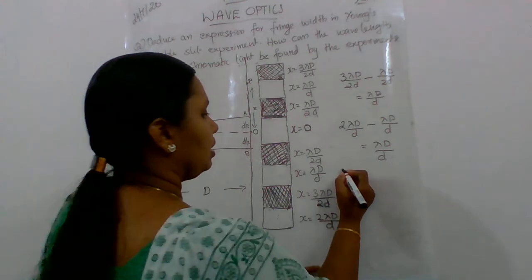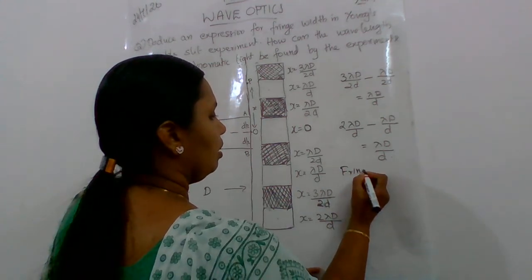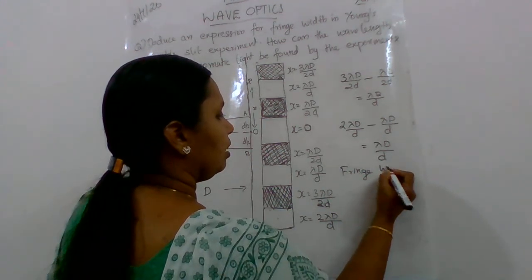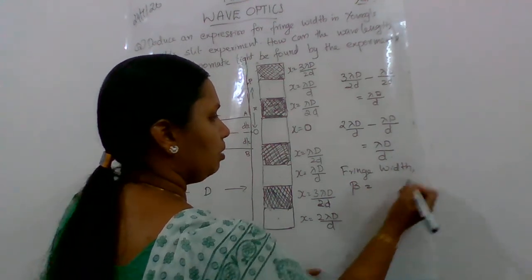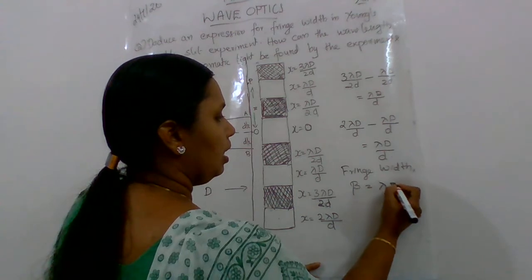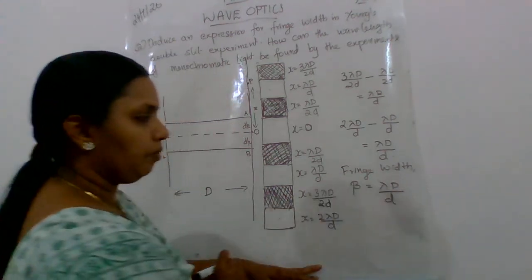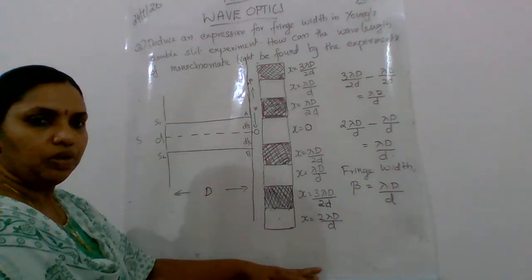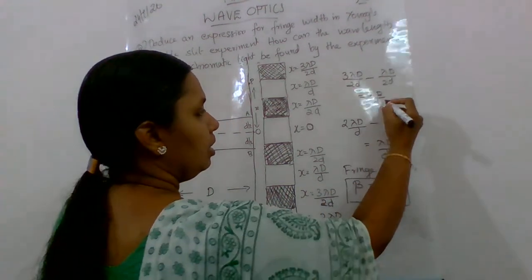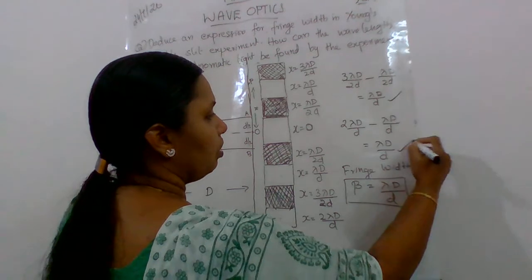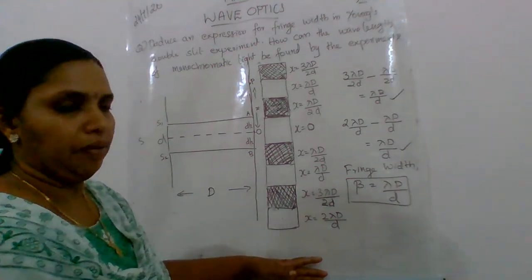So that is known as fringe width, the width of the fringe. That is beta. Fringe width beta is equal to λD by d. So here you can see that the width of the dark and the width of the bright is the same.